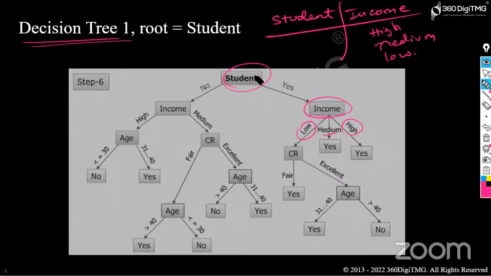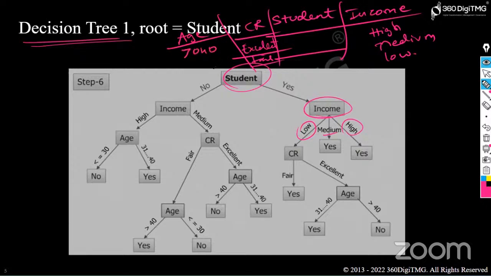And then you have a credit rating with excellent credit rating and fair credit rating. And you'll be having one more column, that is age, which is having greater than 40, 31 to 40, less than or equal to 30.